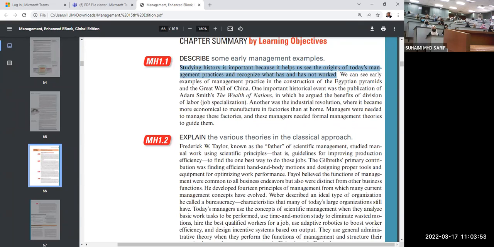When you see the root, then you can appreciate more. This is your explanation. They don't mention appreciate here. This is your own synthesis from that particular understanding. And number two, recognize what has and has not worked.